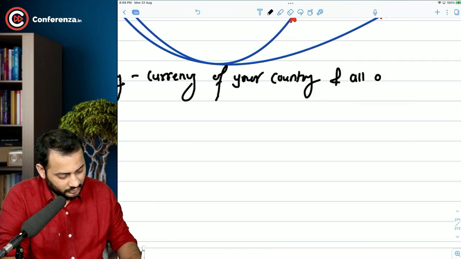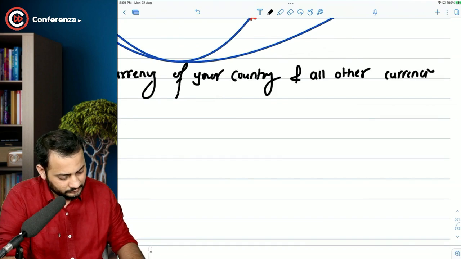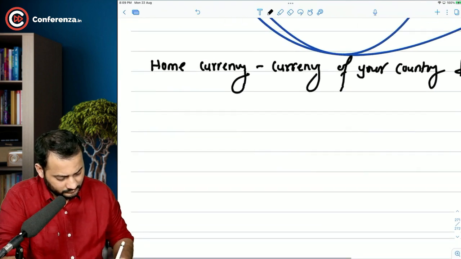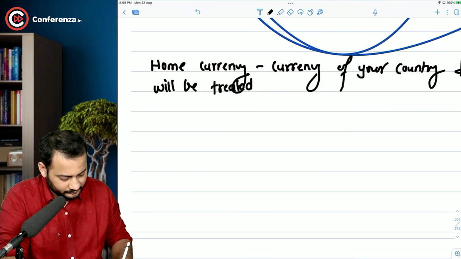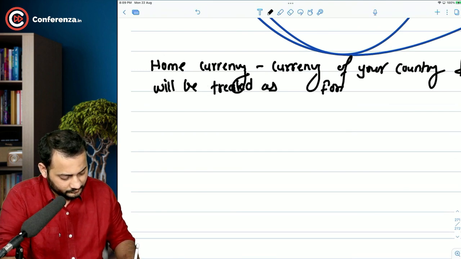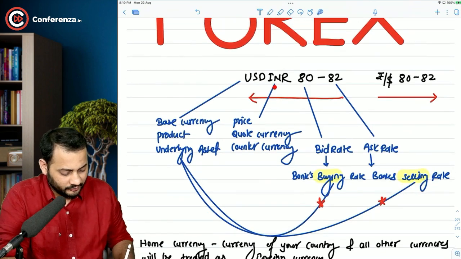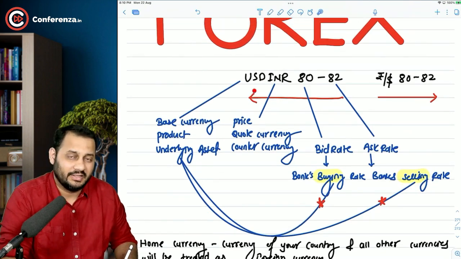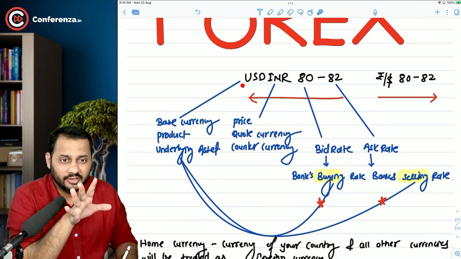And all other currencies will be treated as foreign currencies. So understand, home currency can only be one, but foreign currencies can be many. So in this question, since I am Indian, this is my home currency, INR, and this is my foreign currency.